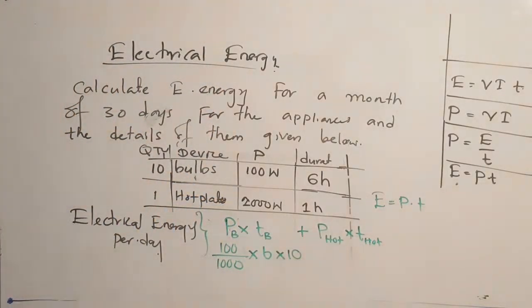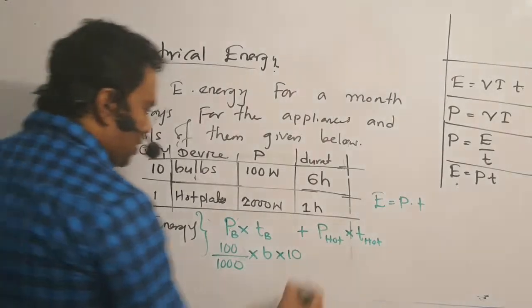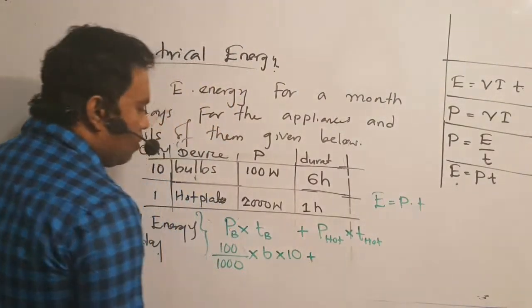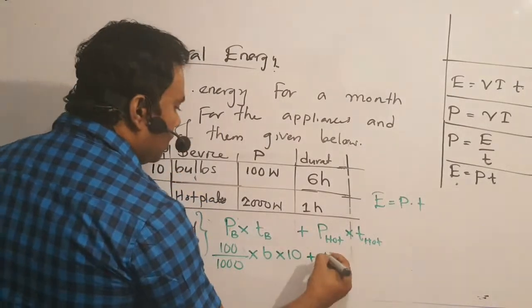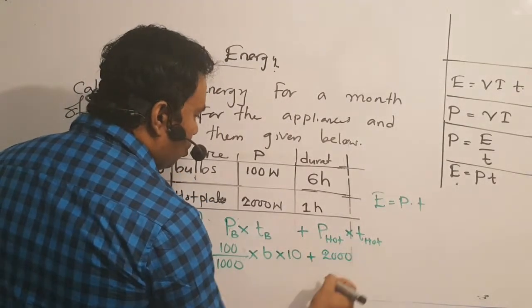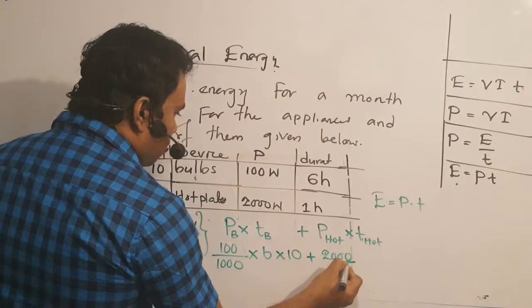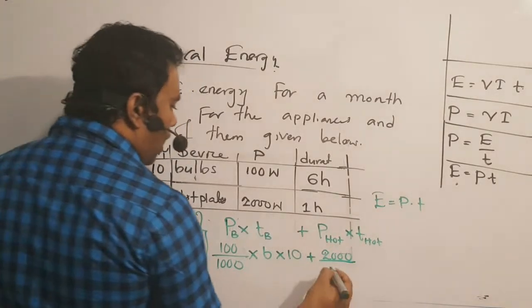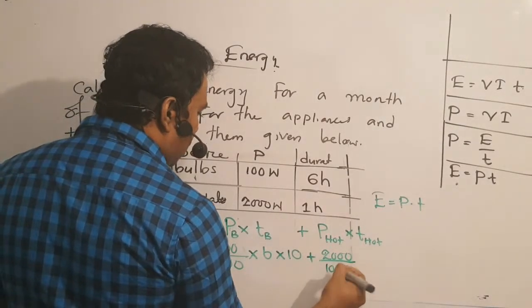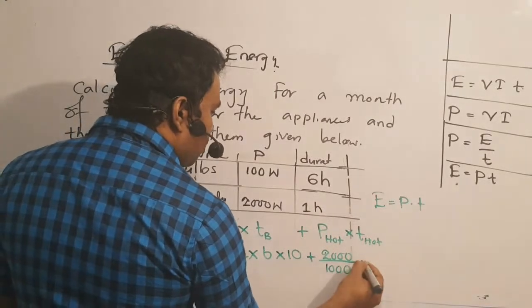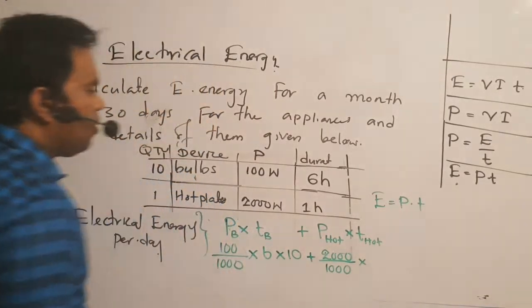These are the only instruments we have, so next I'm going to add that one also. The hot plate's power is 2000 watt. To make that kilowatt, I divide it by 1000 and multiply by T hot.